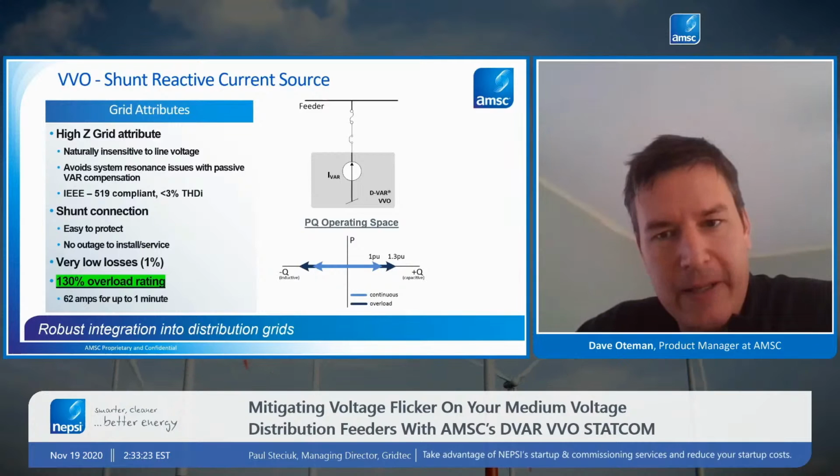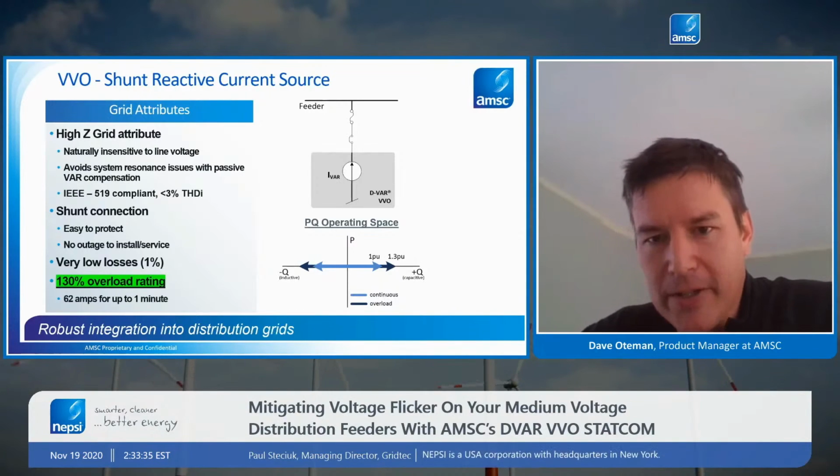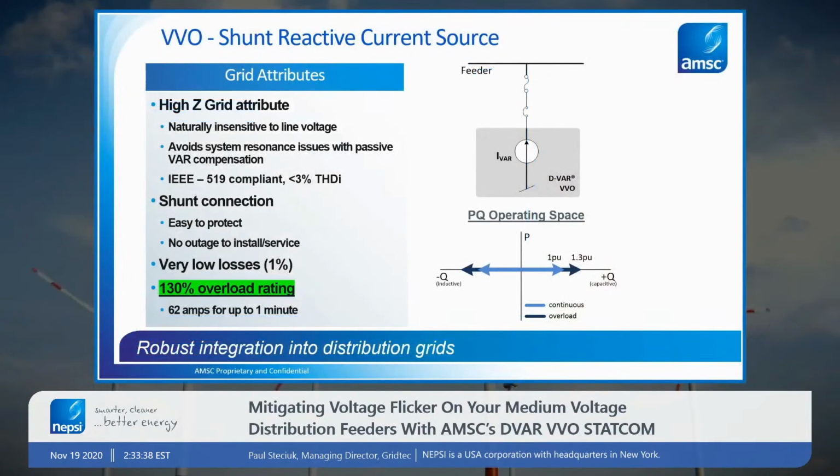So just revisiting a high-level concept of a STATCOM. From a power systems modeling standpoint, a STATCOM looks like a current source, specifically a reactive current source. And that's attractive because it presents a high impedance characteristic to the power system. So for example, if there's background harmonics present in the system, which often is the case at industrial sites, a STATCOM is not going to tend to absorb those harmonics, unlike a capacitor-based reactive device.